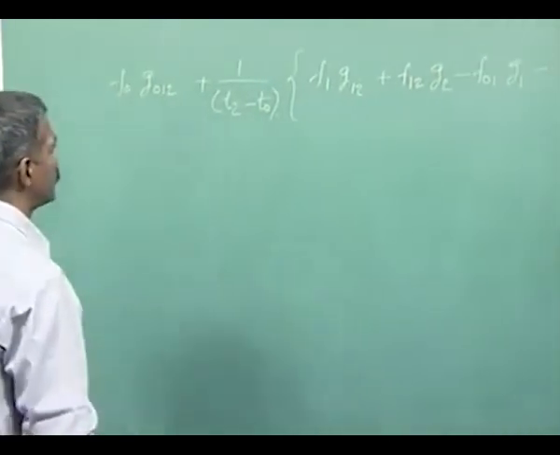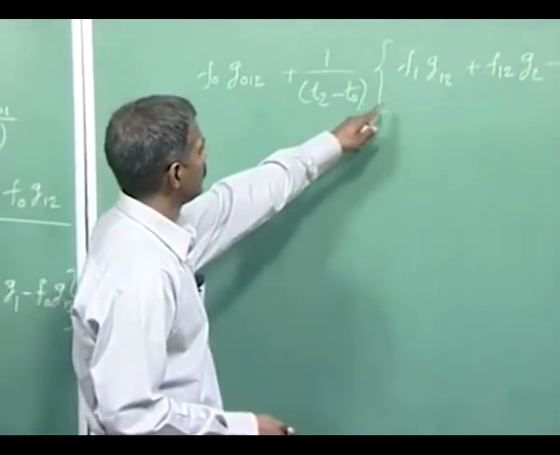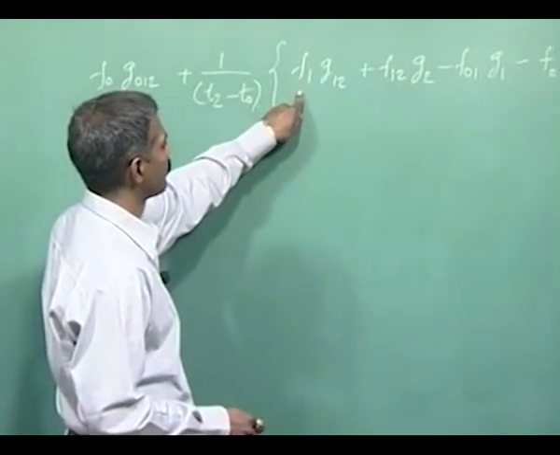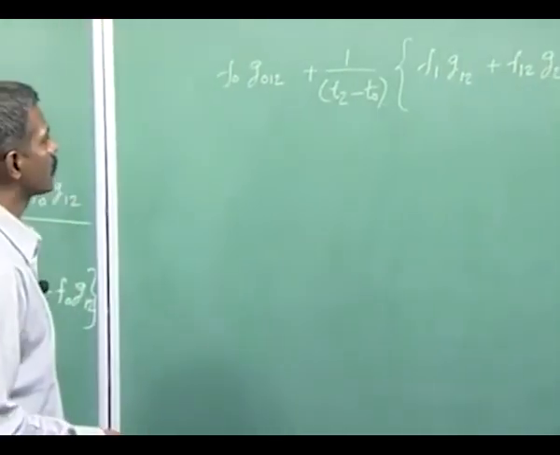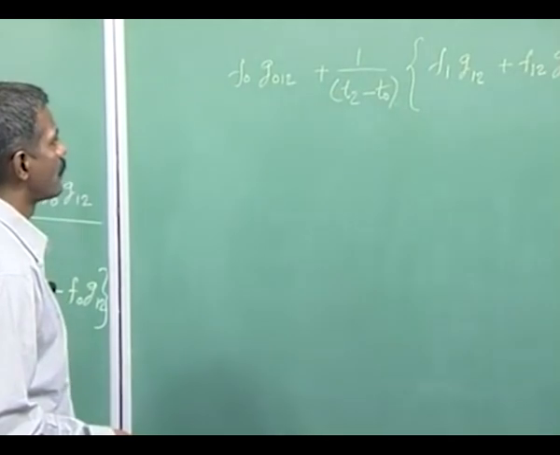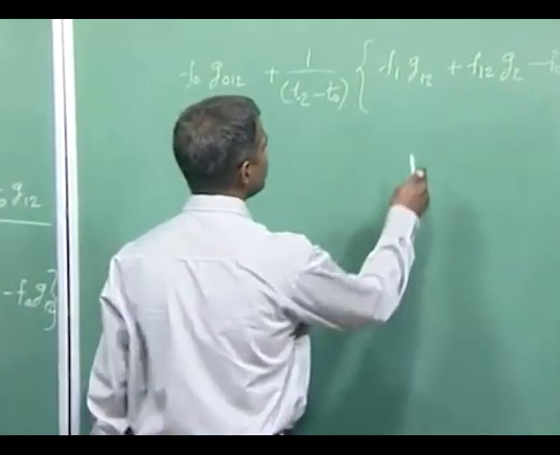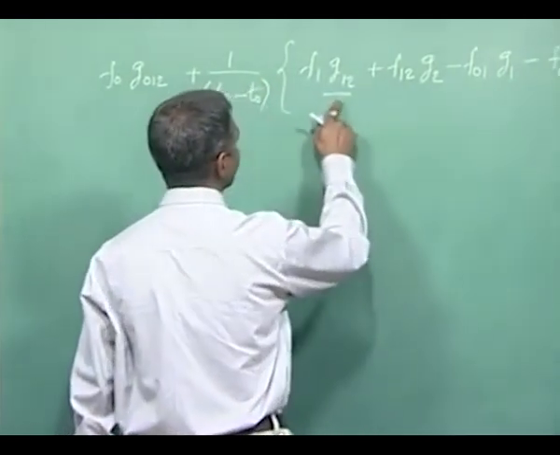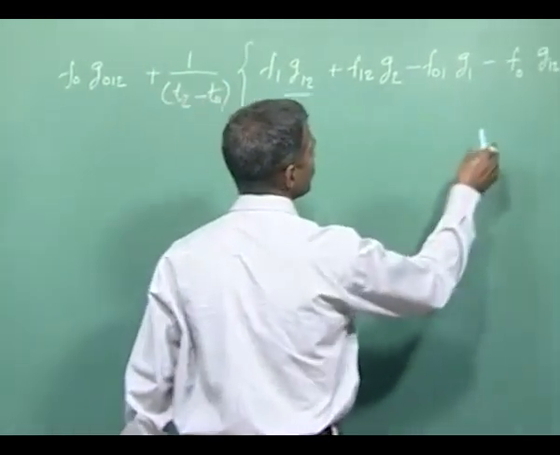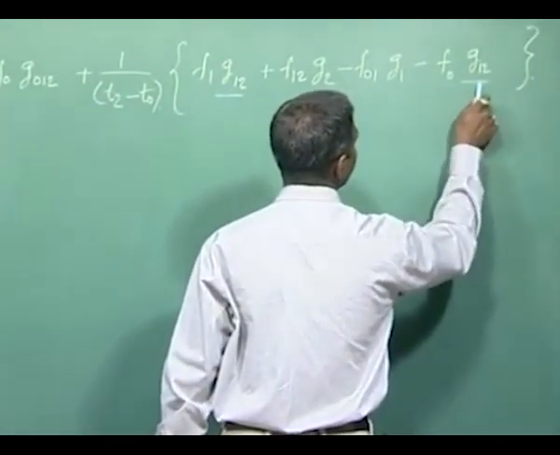What is next? Now let's see if I can further simplify this expression. Let's figure out if anything is common here. I see that there is one term G12, the first divided difference of G, and G12 here.